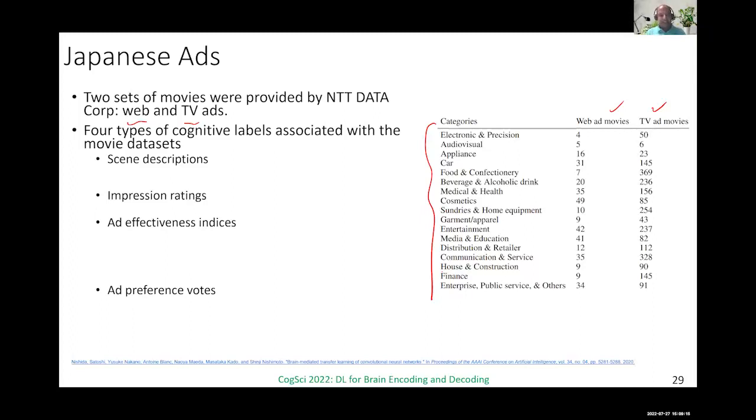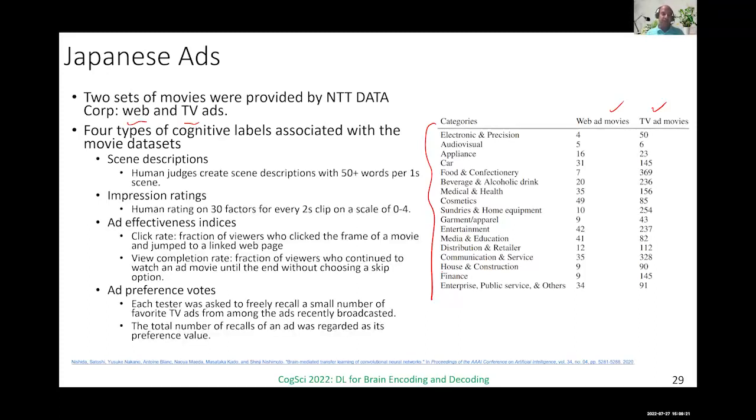Scene descriptions are created by human judges with 50+ words per scene. They were asked to just type out what they see in the ad movie. Then human ratings on 30 different factors for every 2-second clip on a 0 to 4 scale, much like the experiential attributes.